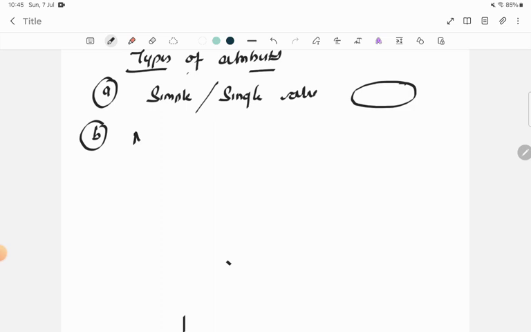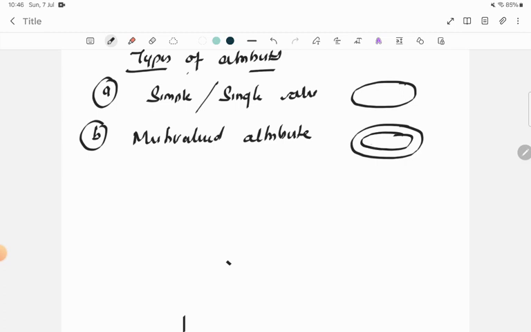Next comes the multi-valued attribute, which means it can have more than one value. It is represented by a double oval.